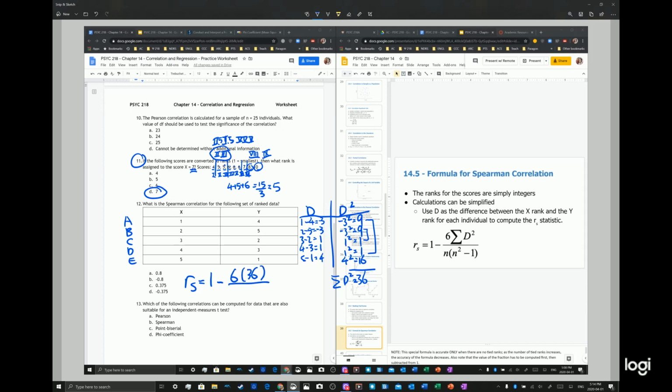And then I plug in your N, which here is 5. N squared is 25 minus 1. Again, we rank them. It's similar to degrees of freedom in concept. So once we're done, here's what the formula would look like. And we plug the numbers in. And we get 6 times 36.